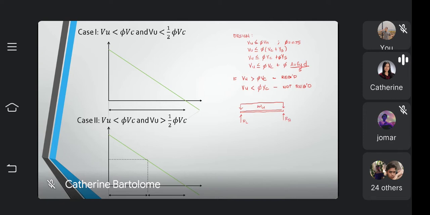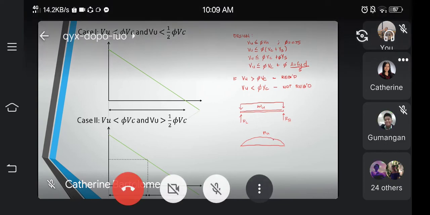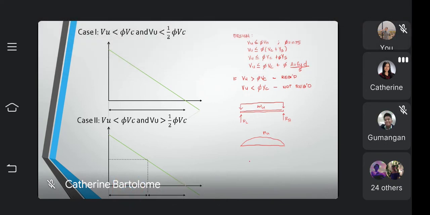Okay, when it comes to flexure or bending, nagbe-base tayo sa ultimate moment, which is at the center. Correct? Yes. That's why, ang design natin is always sa middle. Kasi yun yung critical.